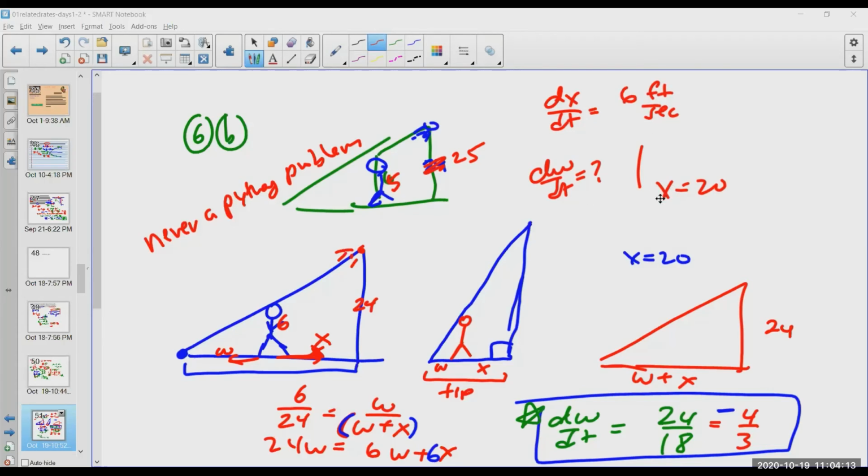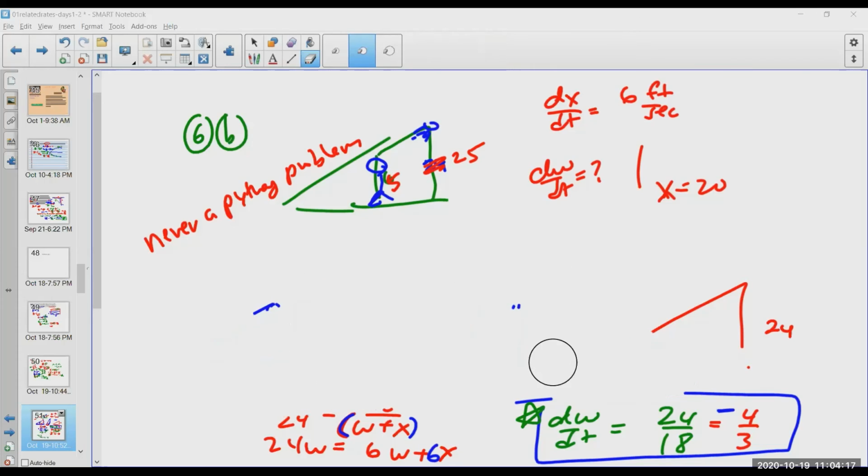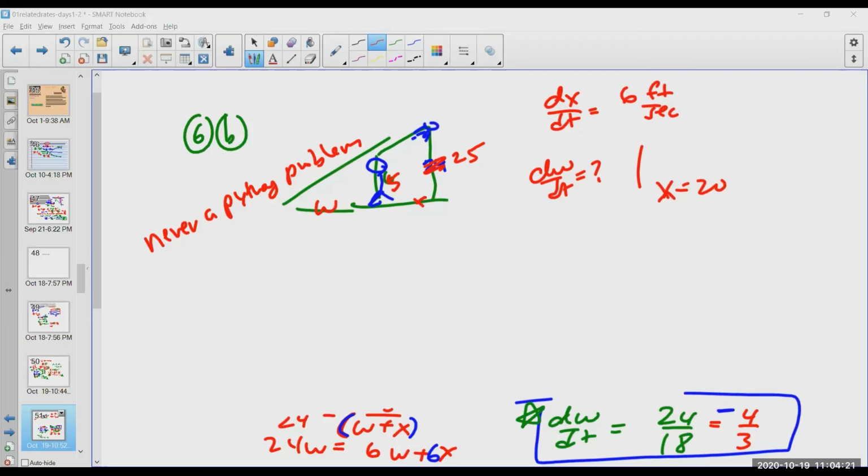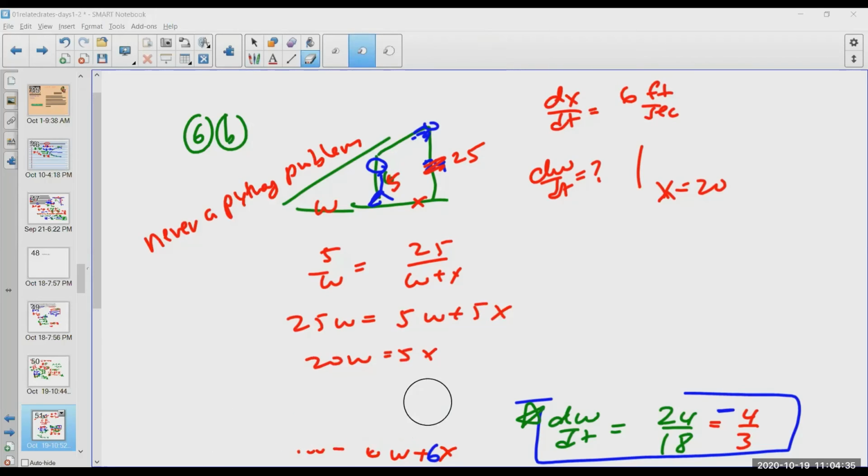And the question is, this is my x, and my x is 20, right? So this is my w, this is my x. So 5 is to w as 25 is to w plus x. So if I cross multiply, I'll get 25w equals 5w plus 5x. So that's 20w is equal to 5x.